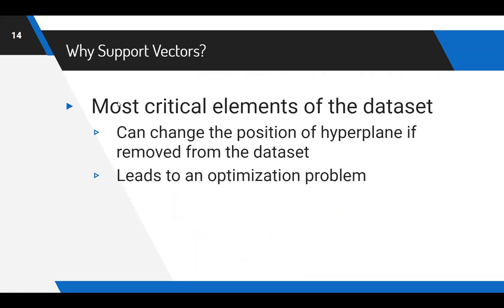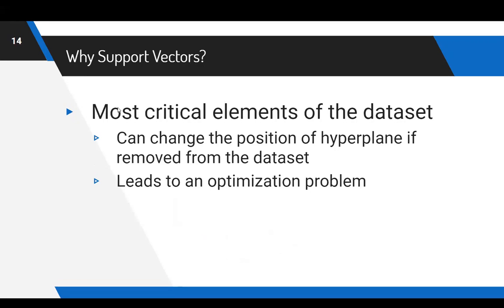Okay, so we looked at what support vectors are, but why would we use them? The most critical elements of the data set are these support vectors and the points that are not easily distinguishable to the groups. These points can change the position of the hyperplane if removed from the data set.